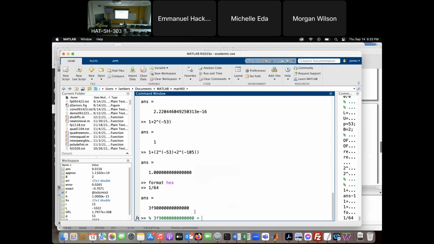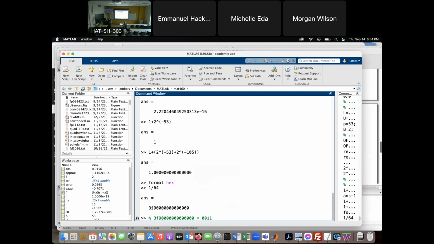I'm going to convert this to binary. Each one of these characters corresponds to 4 binary digits. So 3 would be 0011.